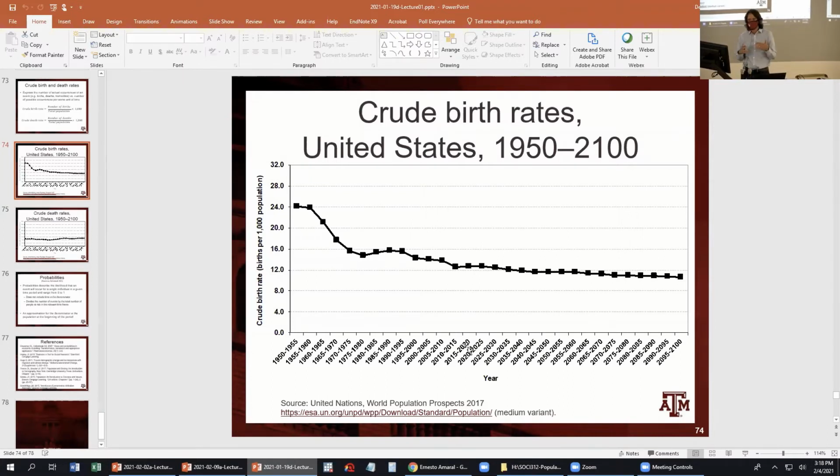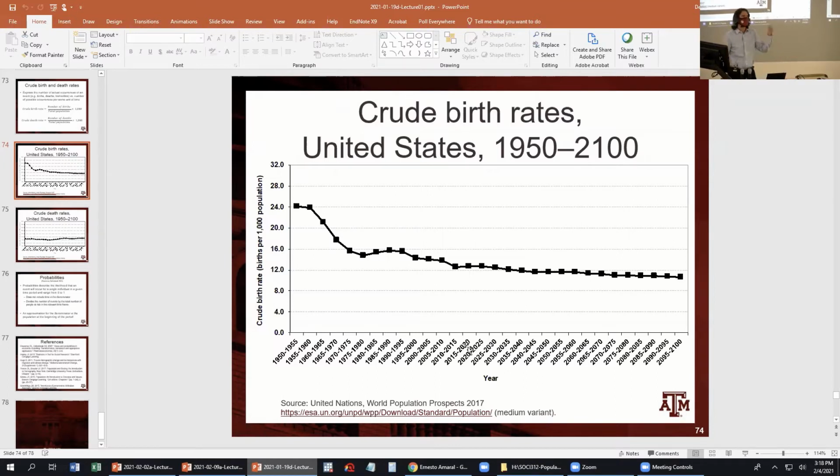Usually it's easier to interpret these rates in percentage terms. For example, in the last class, I showed you the dependency ratio. Take the youth dependency ratio: you get the number of children divided by the people in working ages, multiplied by 100. You're comparing the percentage of children to the percentage of people in working ages, and percentage is usually easier to understand.